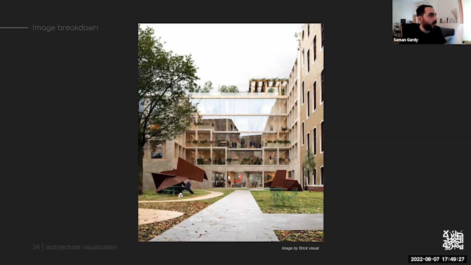As soon as you see this image, your eyes are going through this middle part because first, a lot of people are there. It means some activity is happening. There is a contrast between outside and inside. As you can see, the outside is empty.